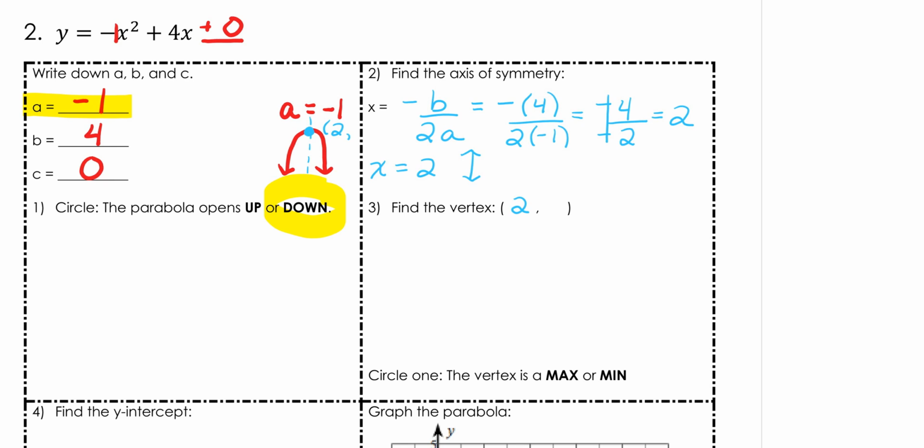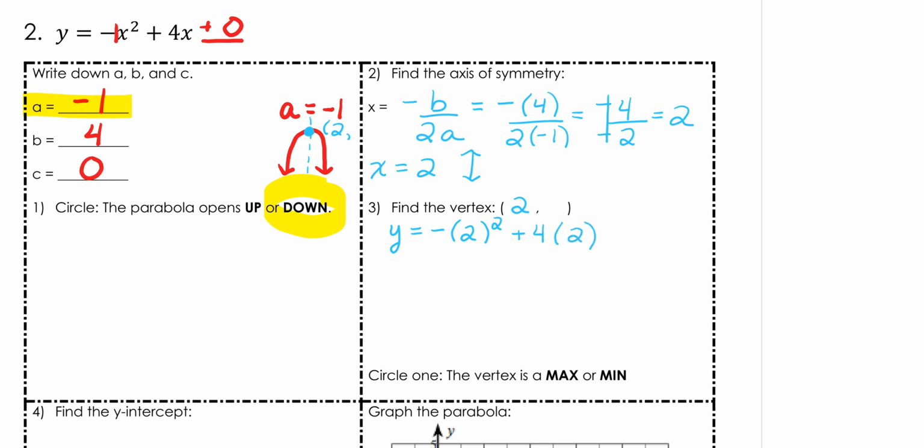To figure that out, we have to plug in 2 into our quadratic equation. Before I used function notation, now I'm going to write it as a regular equation with a y value because we're solving for the y value. So y equals negative, parentheses, I'm going to put 2 for my x, squared, plus 4 times 2.